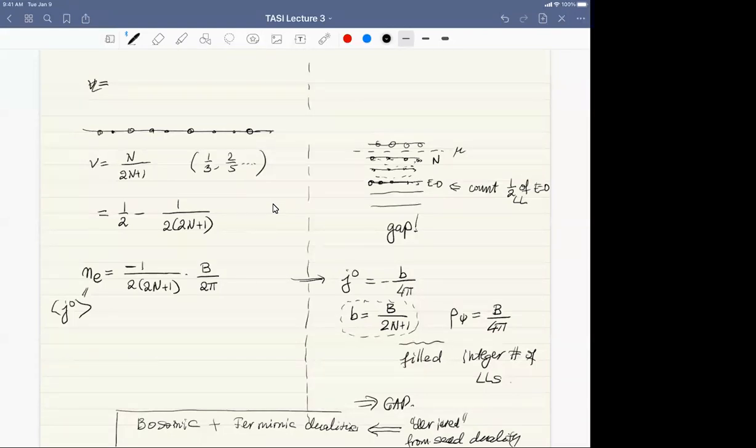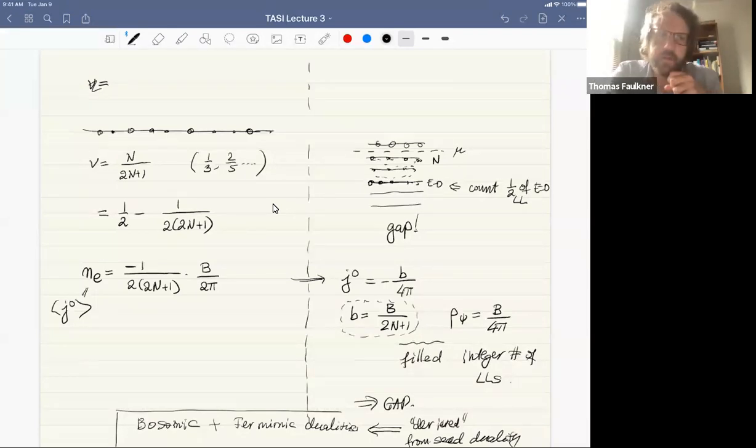Other questions? So I have a question actually. To understand these theories experimentally, you often need to introduce disorder, but that doesn't seem to play a role in the statement of these dualities.